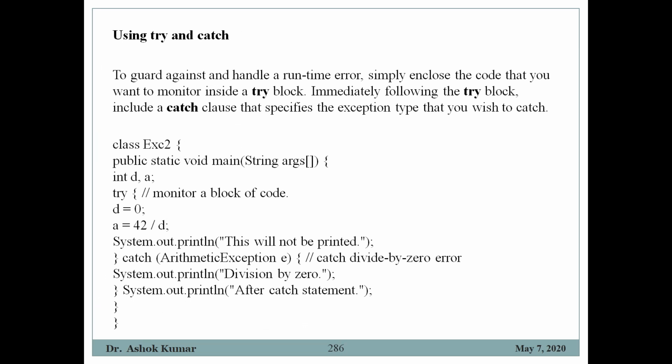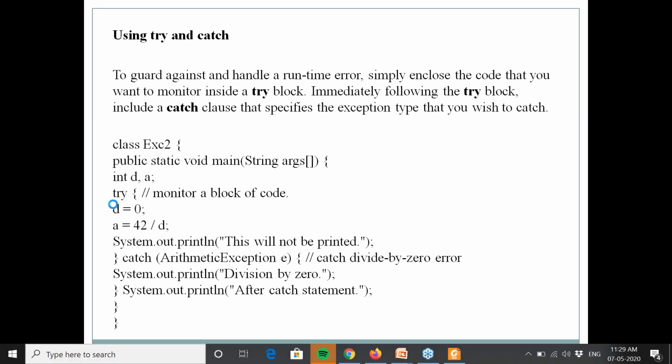As we discussed earlier, if you want to handle exceptions on your own, you have to write the code that you want to monitor for exceptions in the try block. So we have kept in this program those two lines in the try block. In the try block, we have d is equal to 0 and a is equal to 42 remainder d.